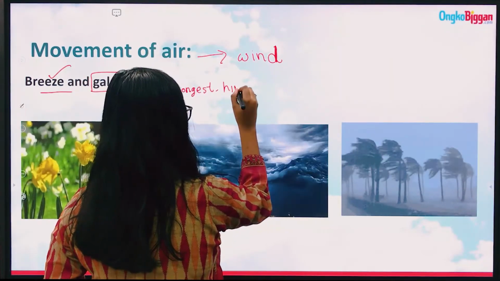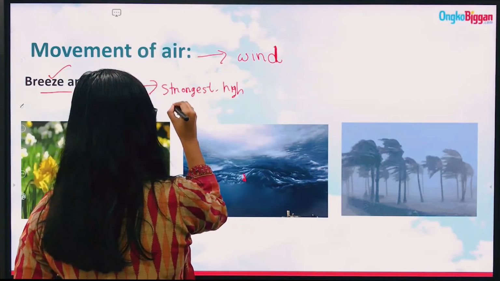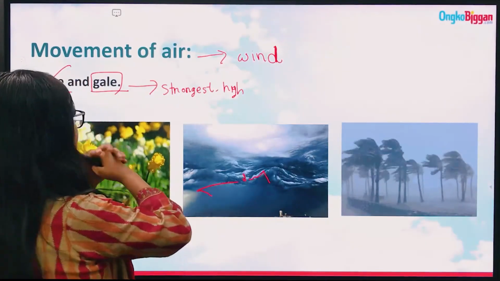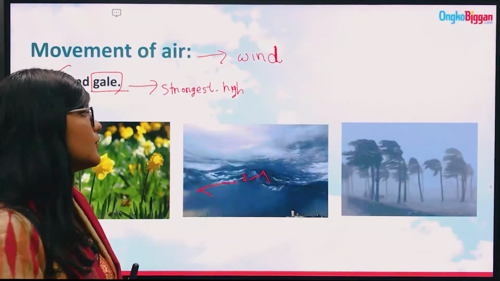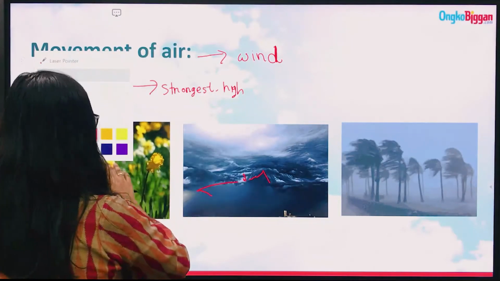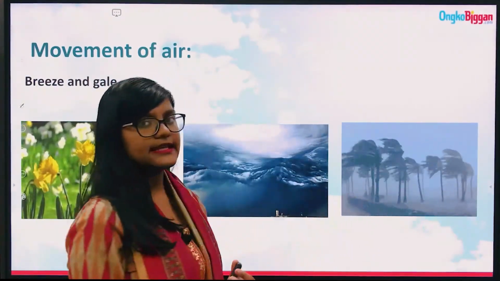Gale is the high or strong flow of air. Like in this picture, we can see a storm and a scene of a hurricane.